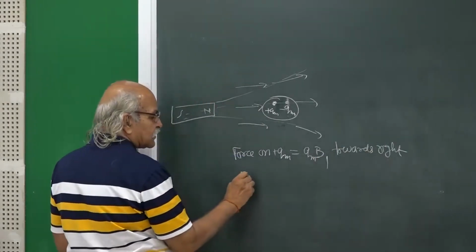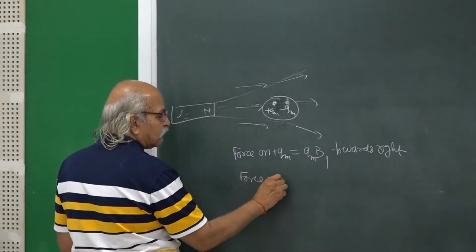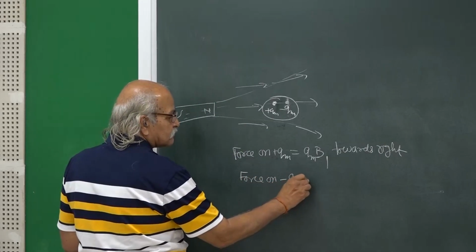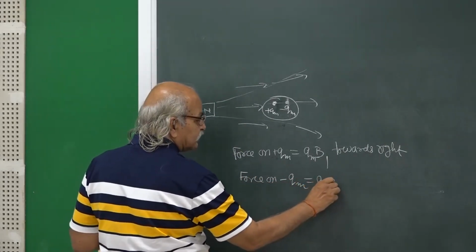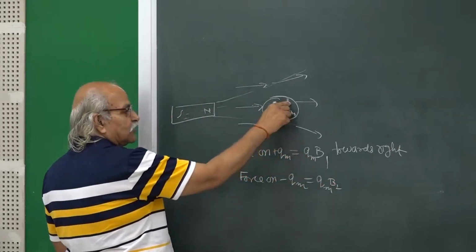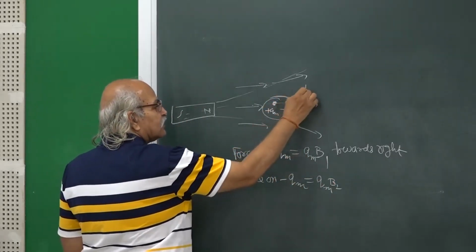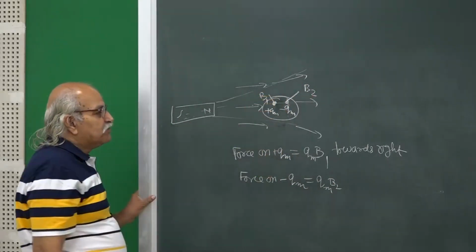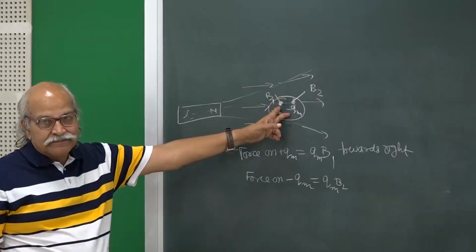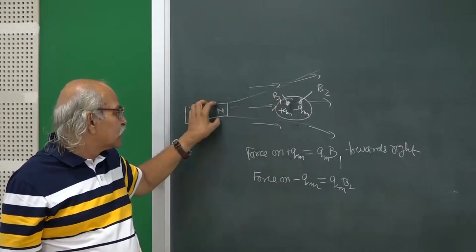And what is the force on minus qm? It is again qm times the magnetic field, and that is b2. Here is minus qm, and here the magnetic field is b2. Here the magnetic field is b1. I am writing b1, b2 because they are not equal. This b1 is larger, closer to the magnet.